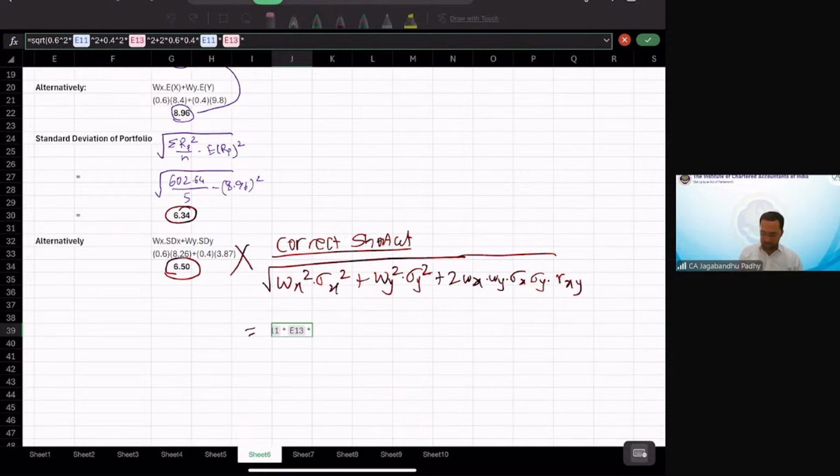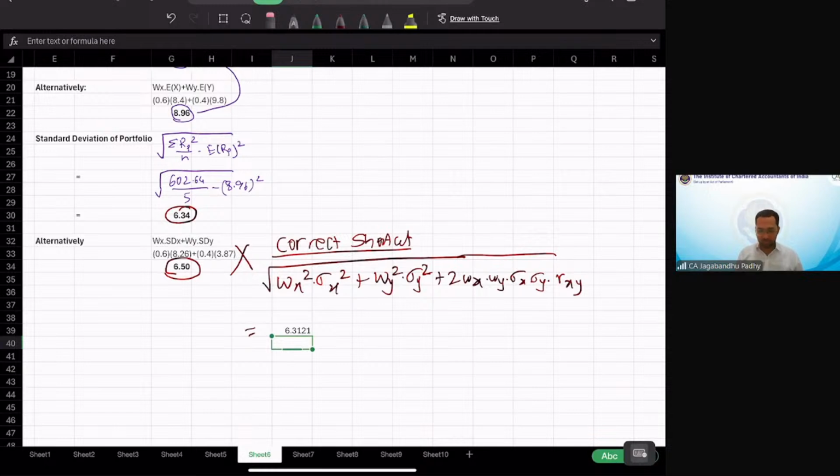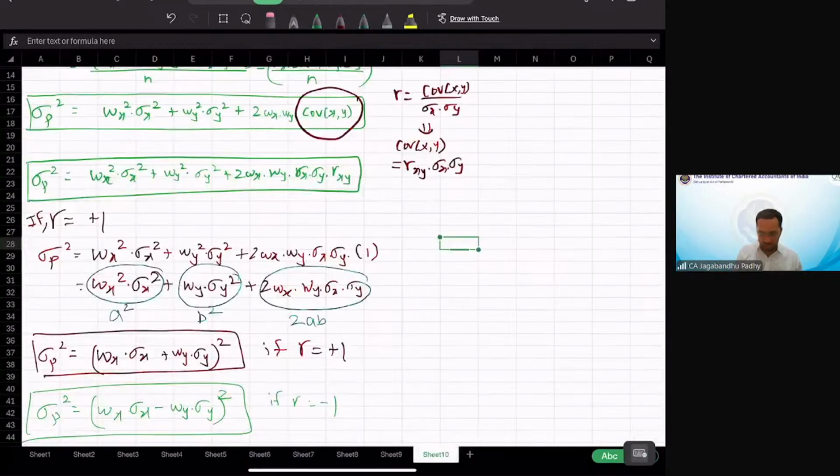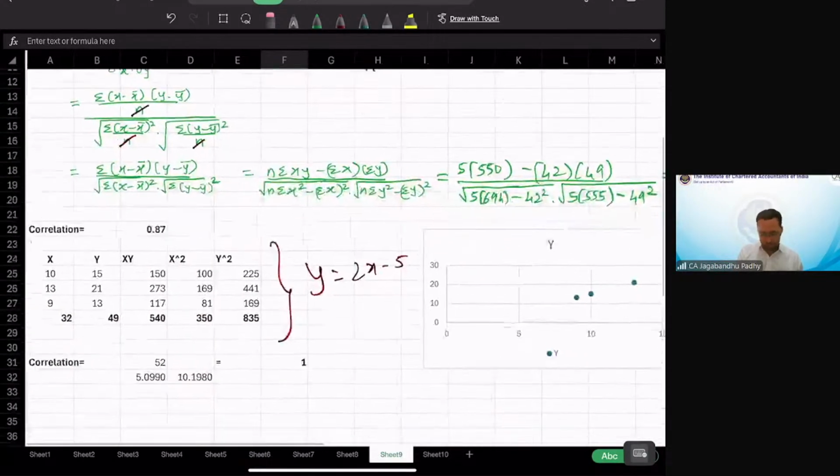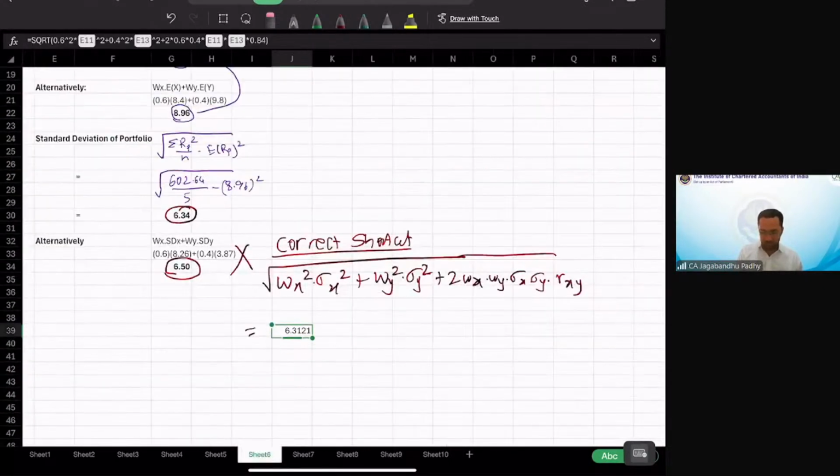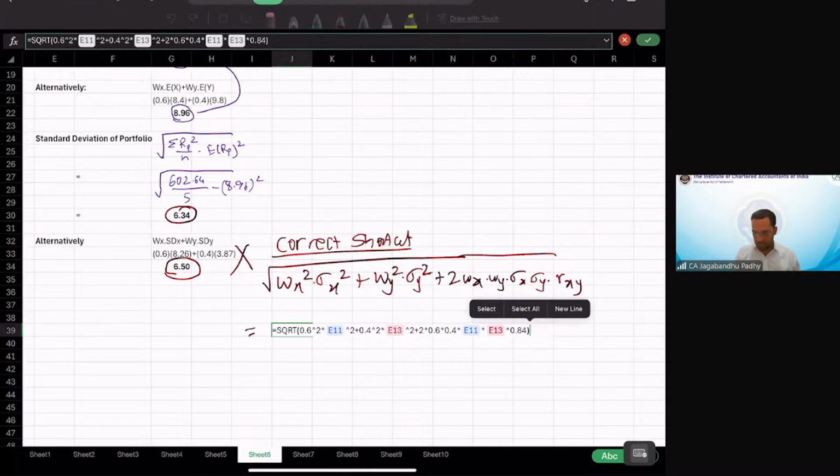What was the correlation? 0.84, right? What was that number? Correlation? No, so 0.87, sorry. Yes, it was 0.87.